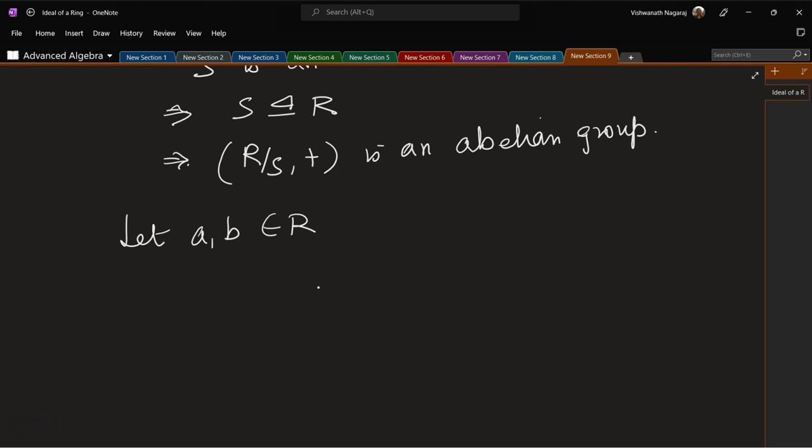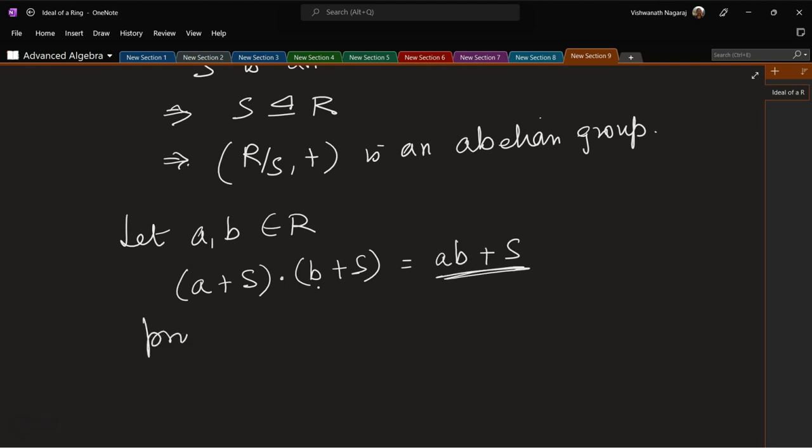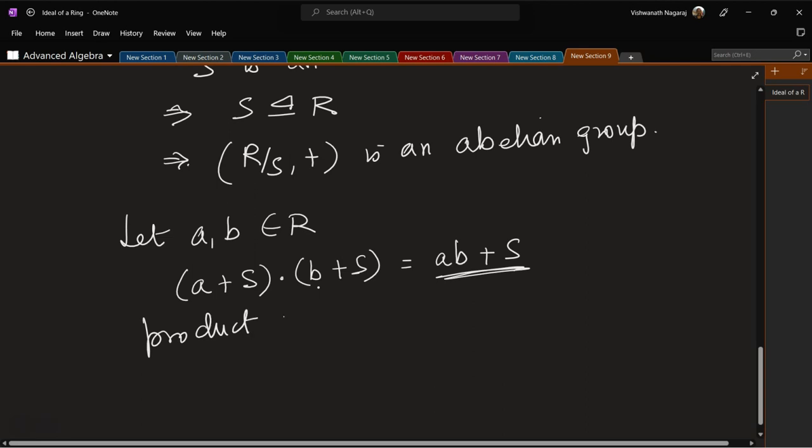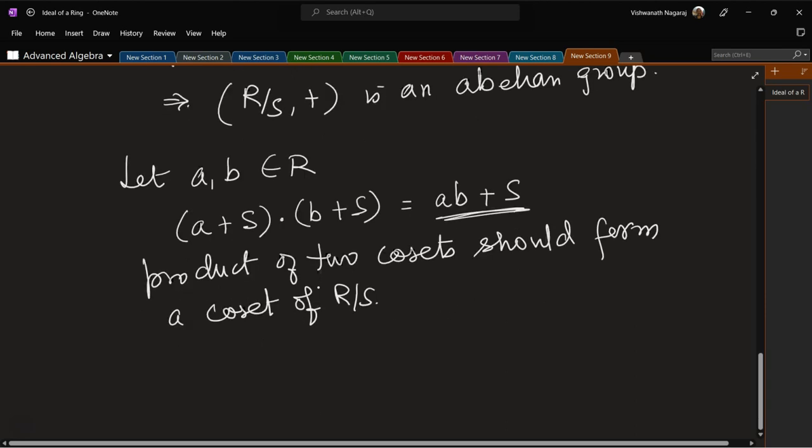So let's see. a and b belong to R. So which means if we form a coset using a plus S and multiply it with another element of R by forming its coset, we should get a coset, right? So which means the product of two cosets should form a coset of R by S, right?